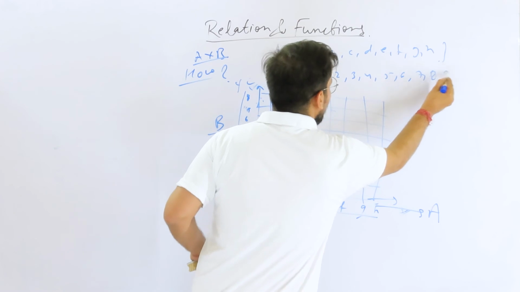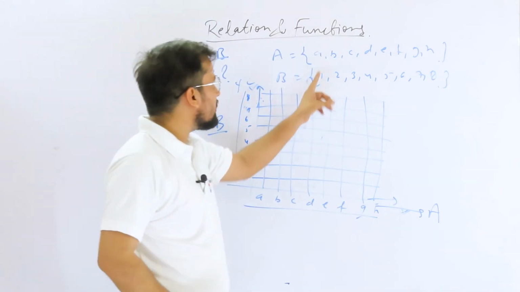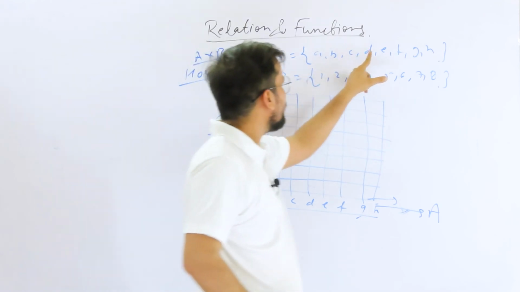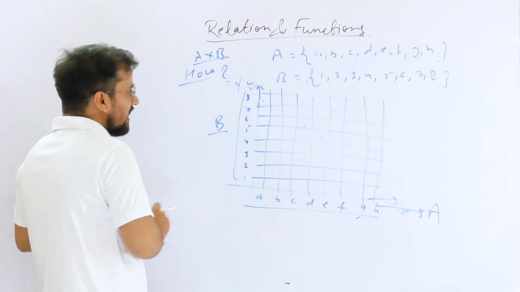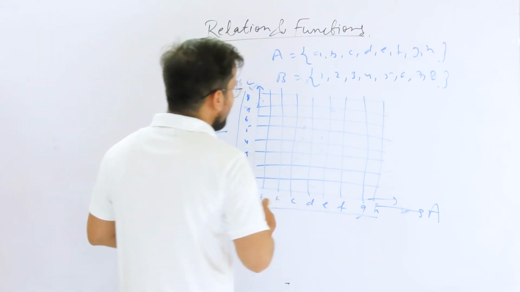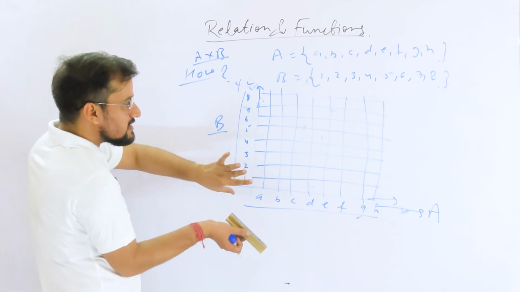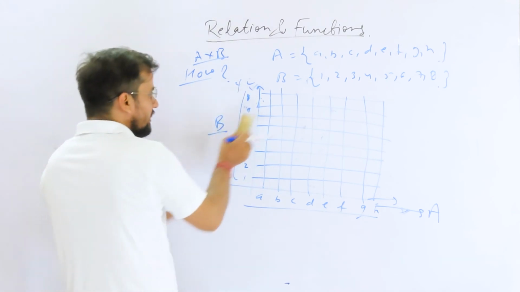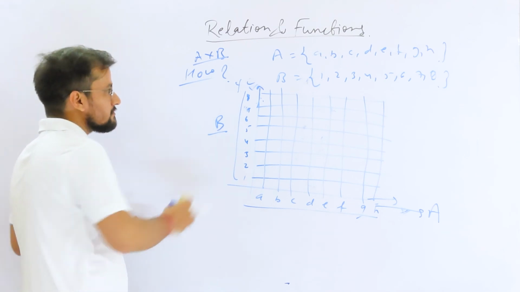So guys, chess is just an 8 by 8 matrix. So 8 elements are here, 1 2 3 4 5 6 7 8, and 8 elements are here. So if I write A cross B, this is the chessboard. Now I am just representing this chessboard as the Cartesian product. Just note down this thing.